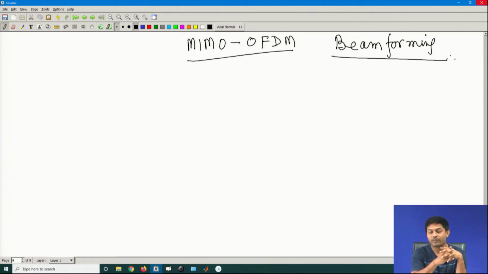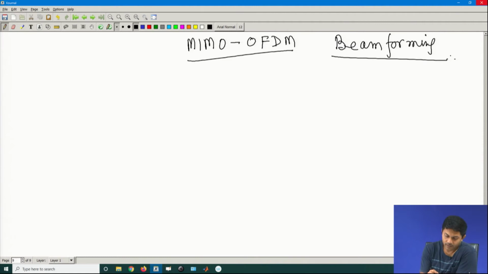If you know MIMO OFDM, beamforming would be just a simple extension to it. Now, let us spend some time on understanding what exactly the OFDM part is, then what exactly the MIMO OFDM part is, and subsequently the beamforming.